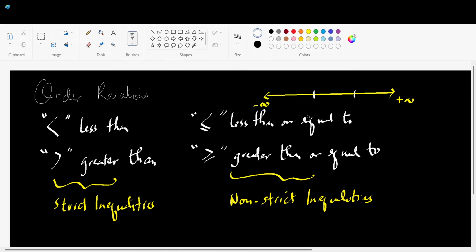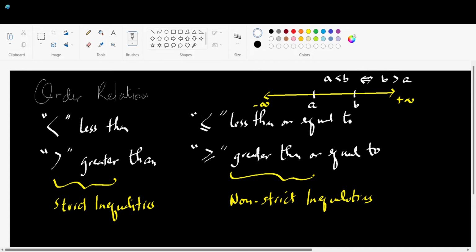If we have two numbers, say A and B, we say that A is less than B if A appears to the left of B. This is equivalent to B greater than A. If a number B is located to the right of the number A, then we say that B is greater than A.